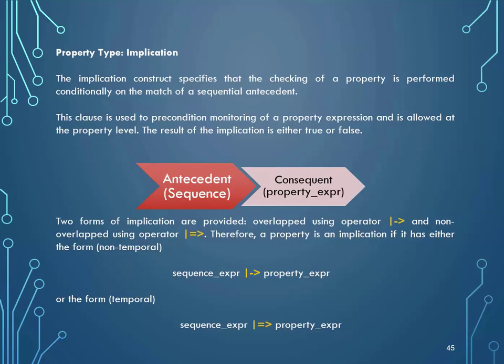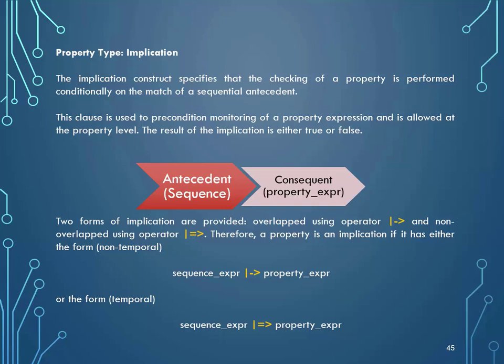The implication. This is one of the main features of a property, which tends to have an antecedent, not always, which is a sequence or can be a sequence, and we always can have a consequence if we include the implication symbols. This can be understood as immediate checking, because the sequence expression must be true, and immediately after the property expression must be true.